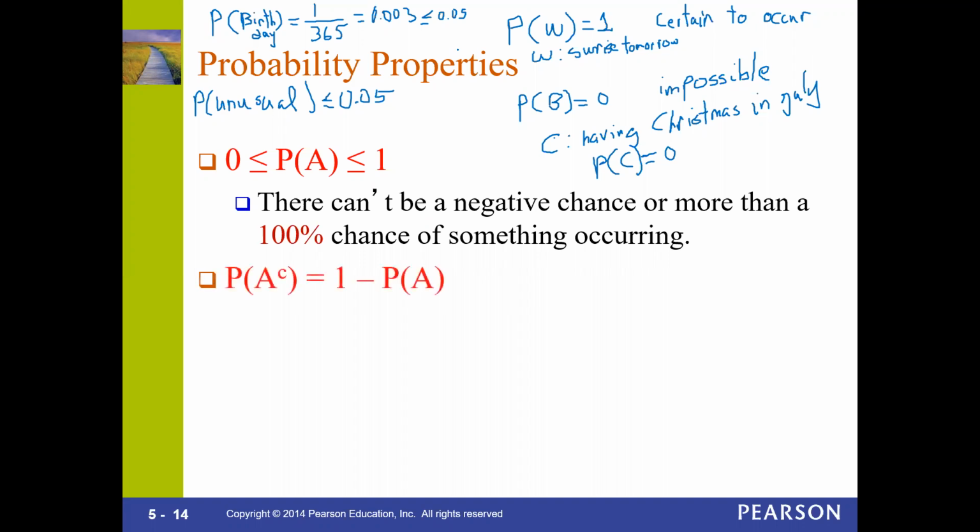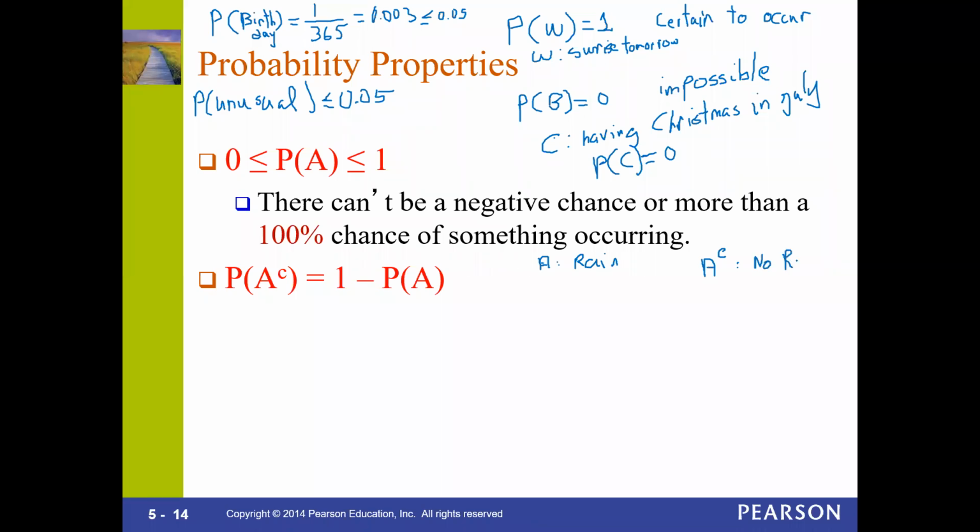Okay, there's something called the complement of probability. Let me talk to you about it quickly. Suppose I say the probability for rain today is 25%. Suppose A is the event of rain. A with the letter C right here means no rain.